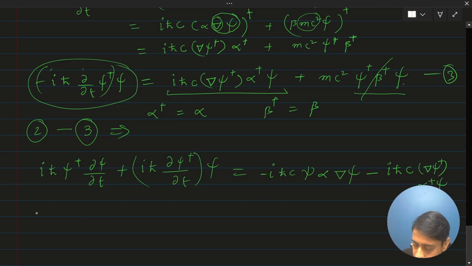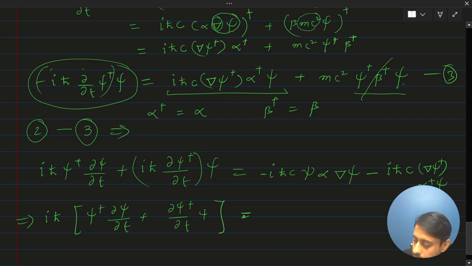If you closely see these two terms, we can take out iħ, and then this is ψ† ∂ψ/∂t plus ∂ψ†/∂t ψ. It looks like the derivative of a product.